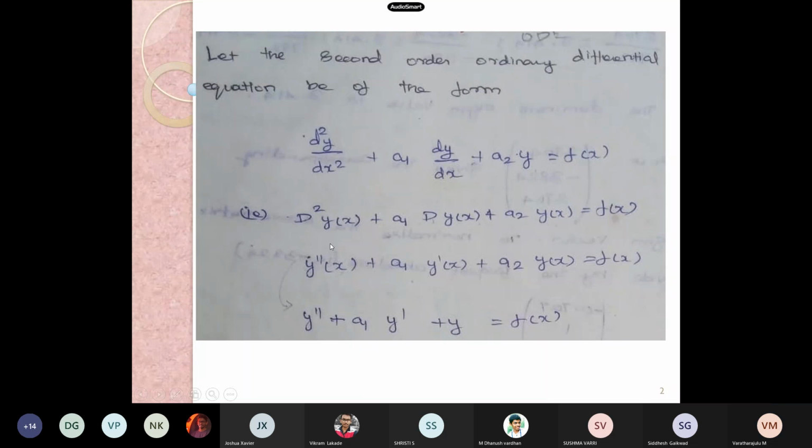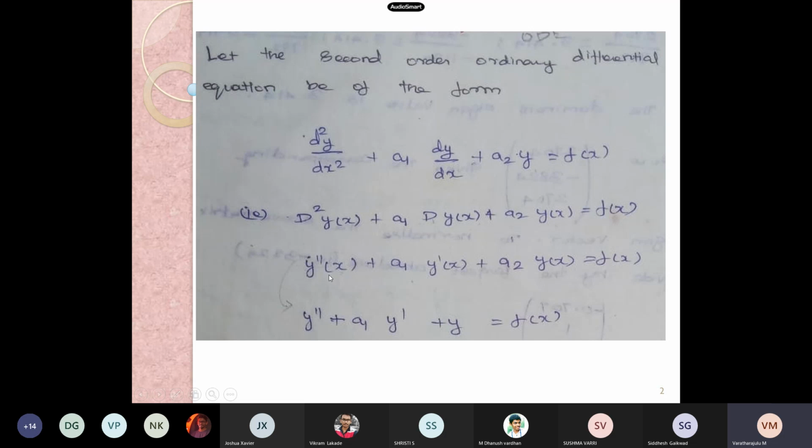This is written here as d square y of x plus a1 into dy of x plus a2 y of x is equal to f of x.